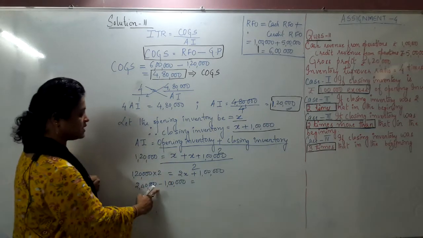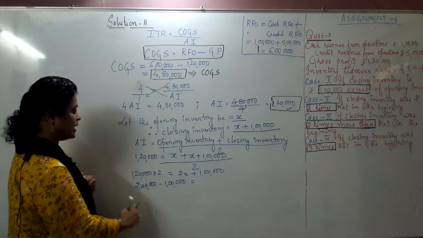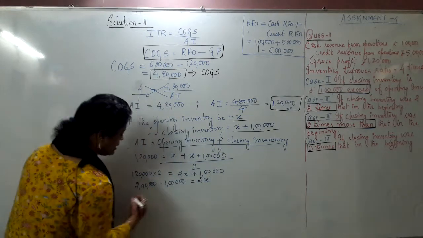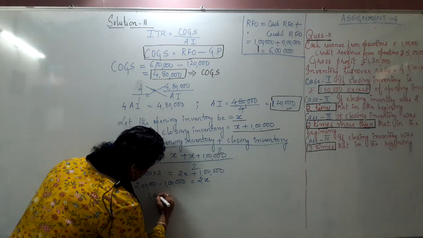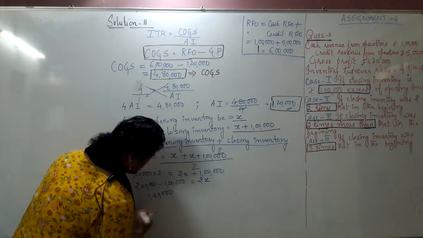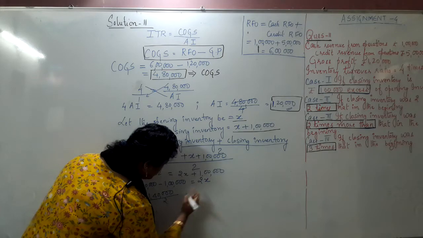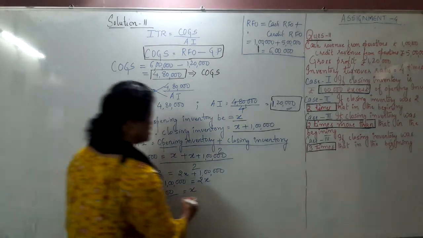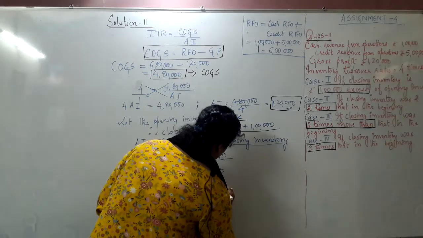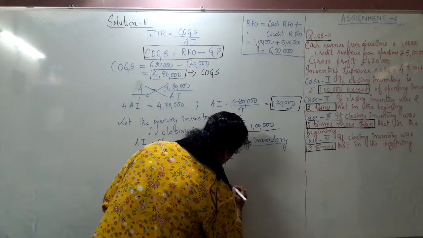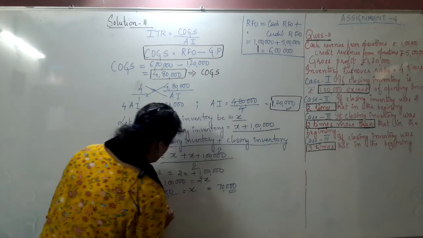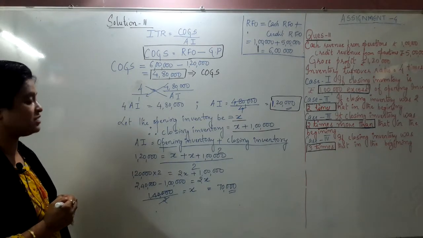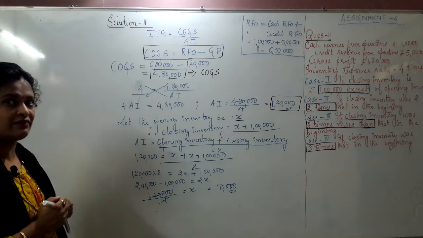So this plus becomes minus. So minus 1 lakh equals 2x. Let us solve this. We will get 1,40,000 divided by 2, bringing the 2 over here and x being here. Hence, the value of x we got is 70,000.